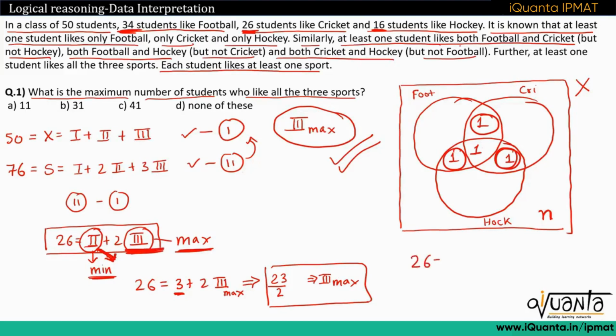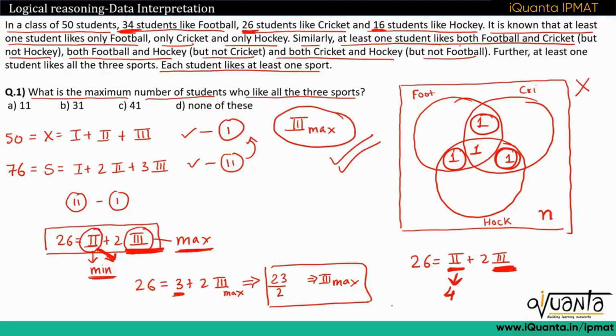We can write 26 equal to exactly 2 plus 2 times exactly 3. We can give it the value 4 over here, because the minimum was 3. At 3 we are not getting exactly 3 as a natural number. So we can give the minimum value 4 to exactly 2 so that exactly 3 becomes a natural number.